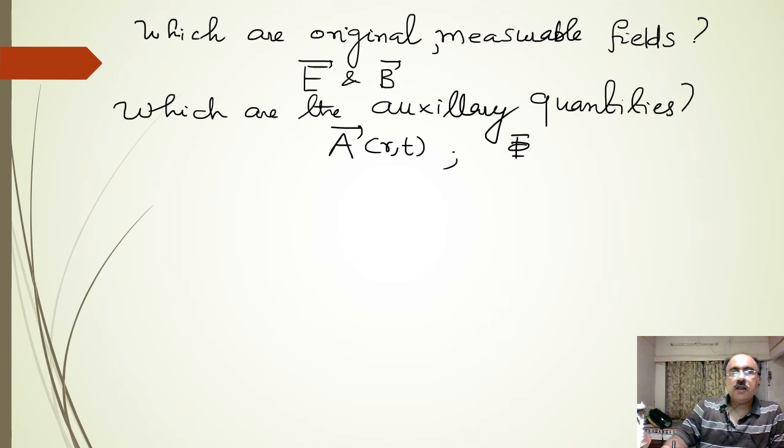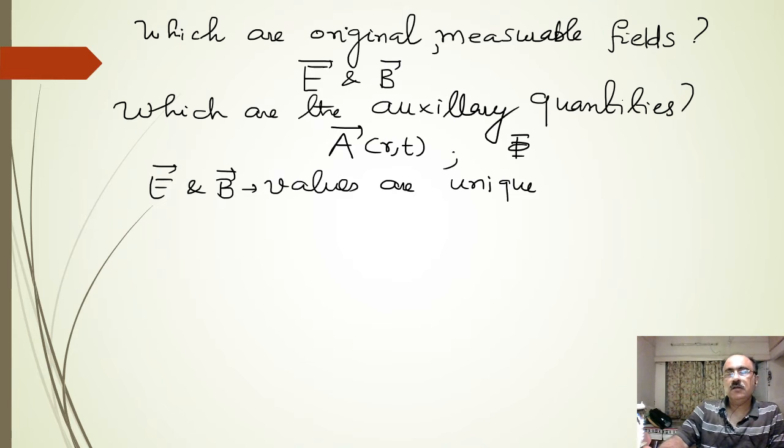So are E and B unique? Yes, E and B are unique, they will have unique values. But whether A and phi are unique, we will have to test, because I told you in the earlier slide that we want to fix the value of divergence of A plus mu 0 epsilon 0 del phi by del t equal to 0.